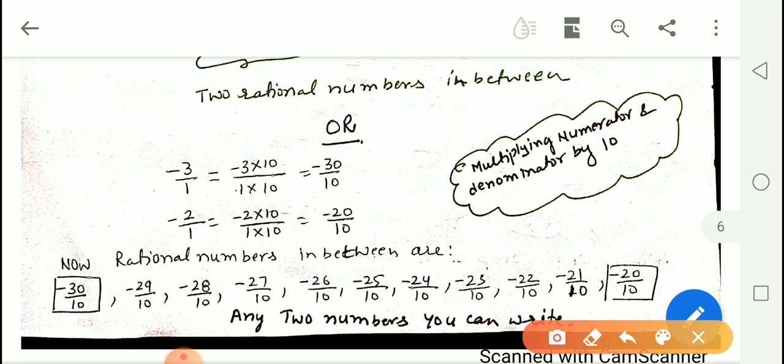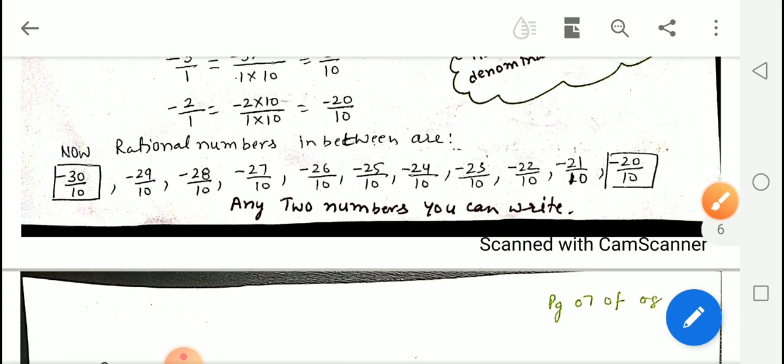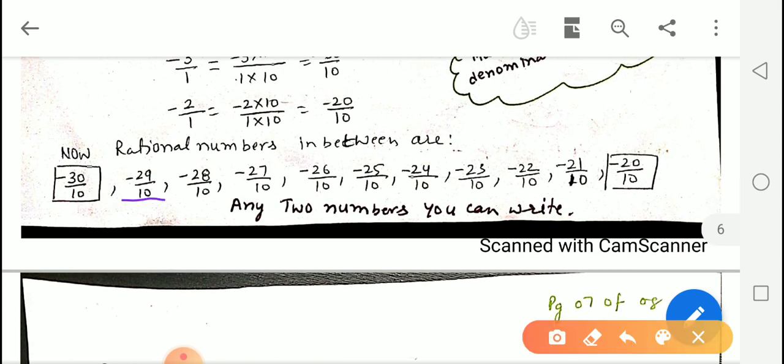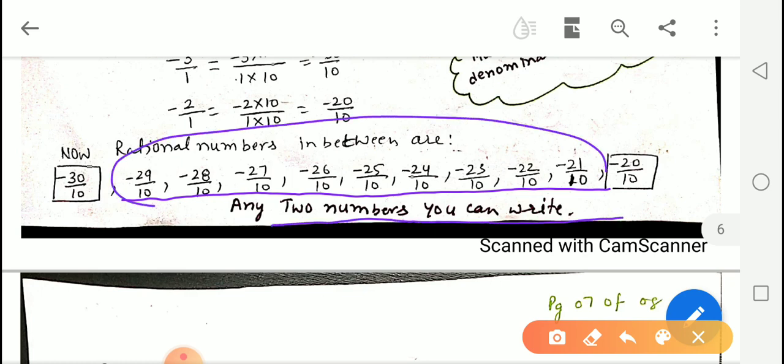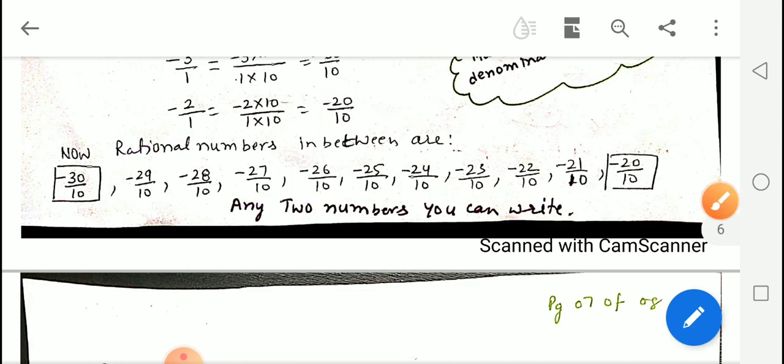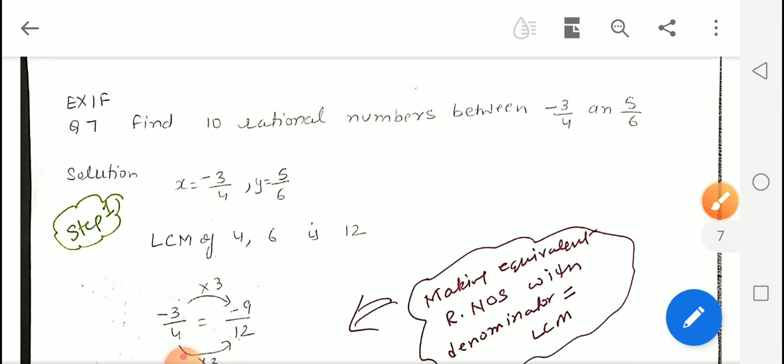So in this method, we will multiply numerator and denominator by 10. Here we have done that, and after doing this, we have written the rational numbers between them in decreasing order, and any two rational numbers we can write out of these. So in this way we can do this.